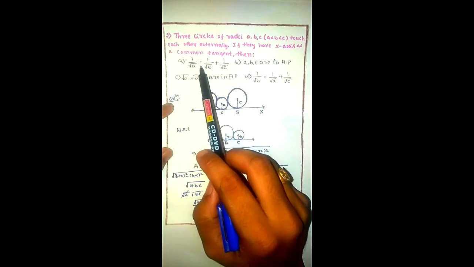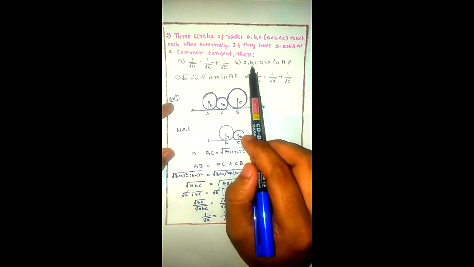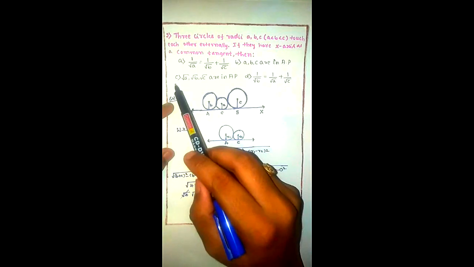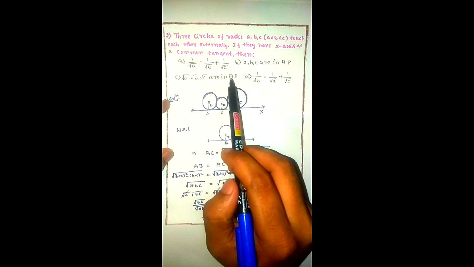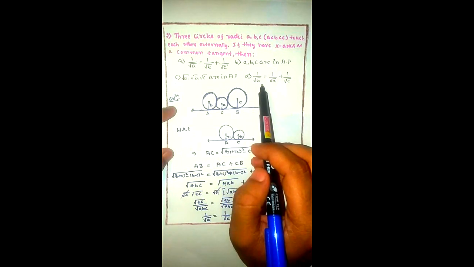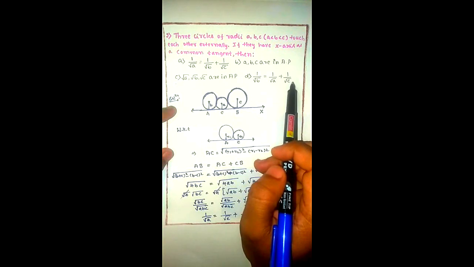Then option A, 1 by root A is equal to 1 by root B plus 1 by root C. Option B, A, B, C are in AP. Option C, root A, root B, root C are in AP. Option D, 1 by root B is equal to 1 by root A plus 1 by root C.